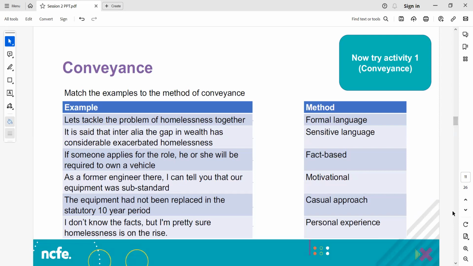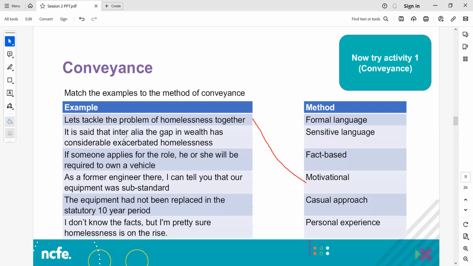It is said that inter alia, the gap in wealth has considerably exacerbated homelessness. So is that formal, sensitive, fact-based, casual, or personal? Motivational. So motivational is the first one.